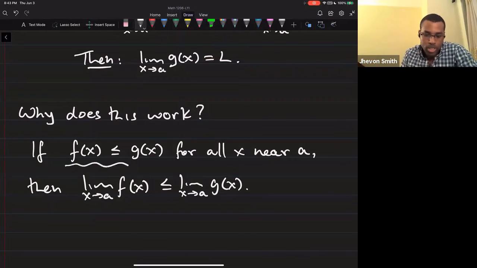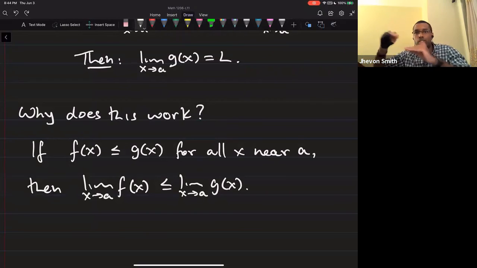But we're told that the outputs of g are always bigger than the outputs of f in this scenario, which means that the limit of g must be larger than or equal to the limit of f, because the limit is only tracking the outputs anyway. So whatever they're getting close to, the g is going to give you something bigger than the f. Potentially equal to, but bigger than or equal to. If it's a strict inequality, it's a strict inequality.